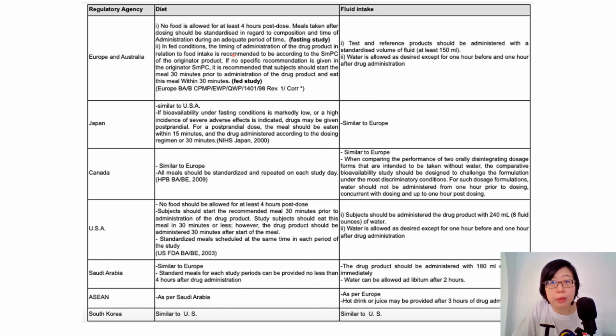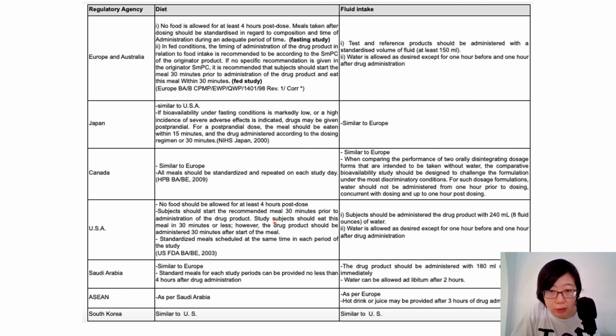Okay. So going back to the standardization of the diet and fluid intake, you can see it's actually quite similar across the board, whereby no food for 4 hours post-dose and things like that. Sometimes it's a little bit different, just very, very minor differences.